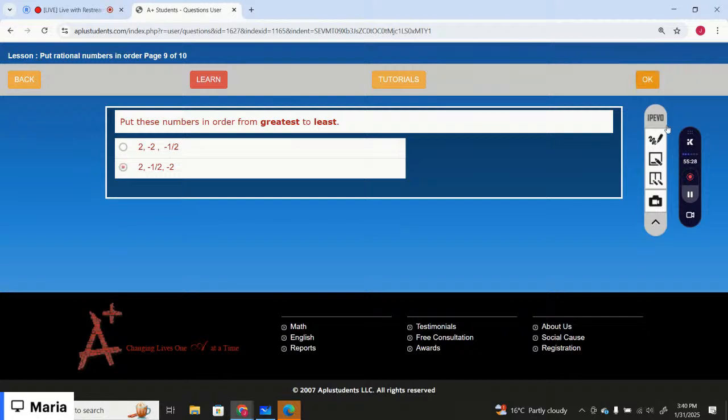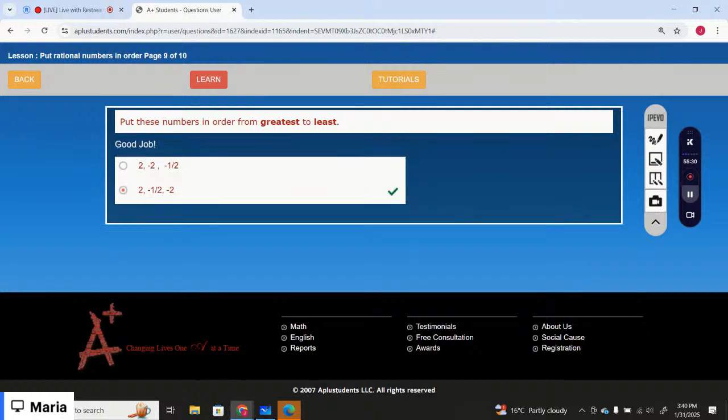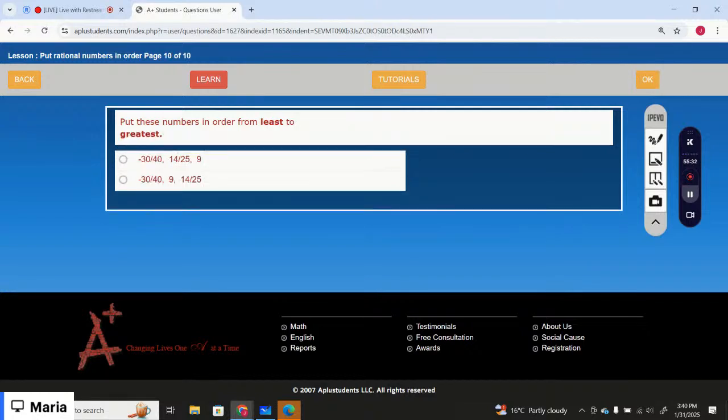Option number two is the correct option. Put these numbers in order from least to greatest. Option number one is the correct option.